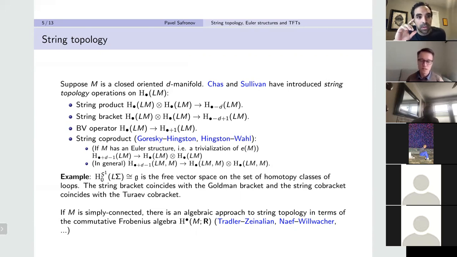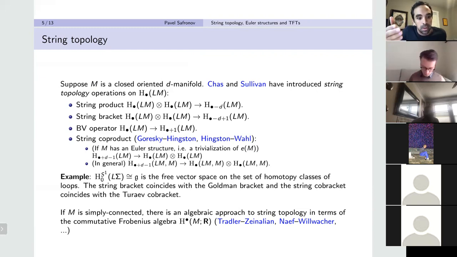Pavel, can I say something here? Yep. I think you might want to remember the chain level structure of the cohomology, right? Technically speaking, what you just said only holds for formal manifolds, right?